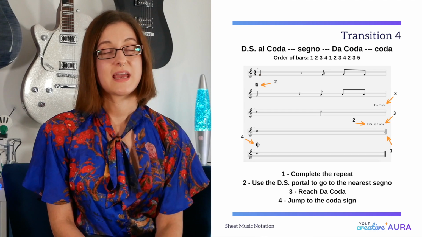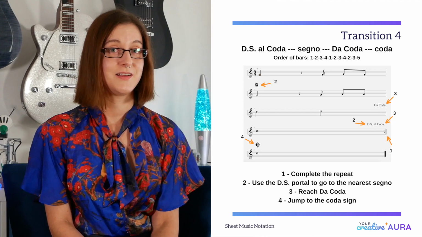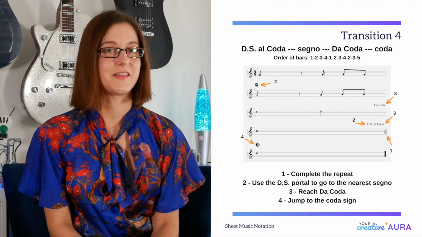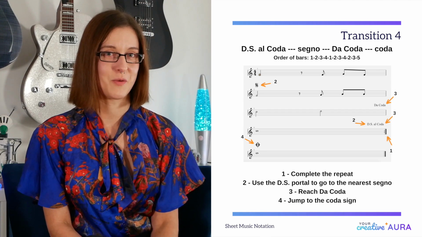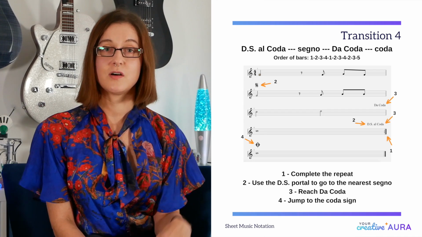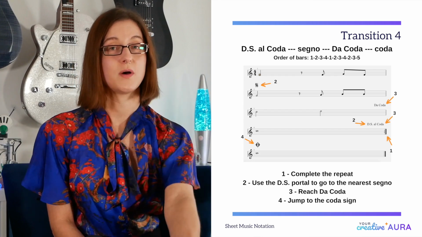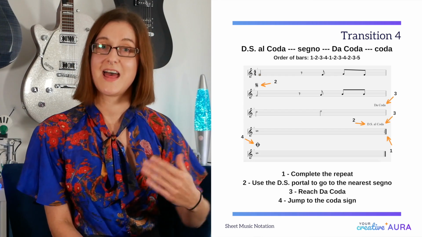And lastly, we have DS al coda to the segno sign to da coda to the coda sign, which is the lengthy one. Here we play from the nearest segno sign until the phrase da coda, at da coda we jump forward to the coda sign and then we finish.